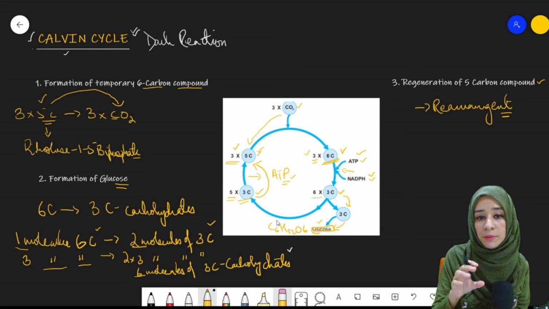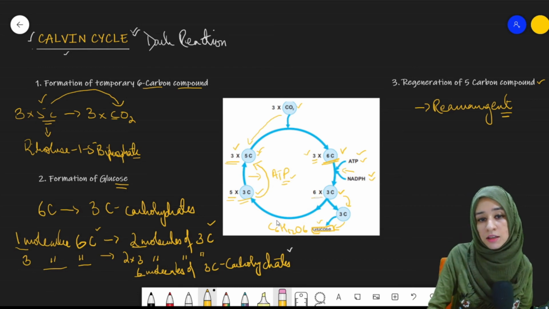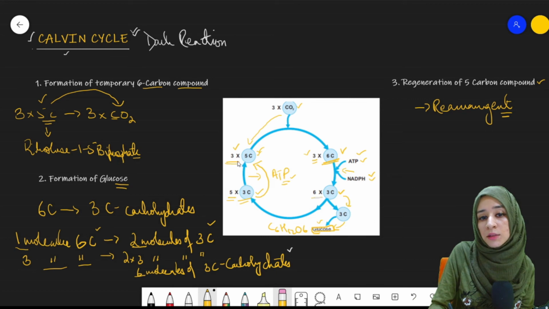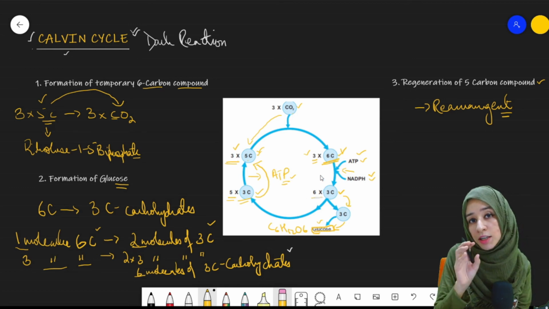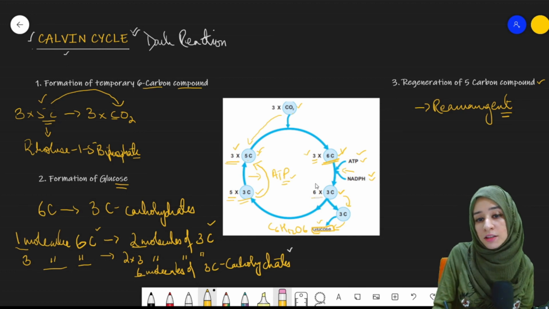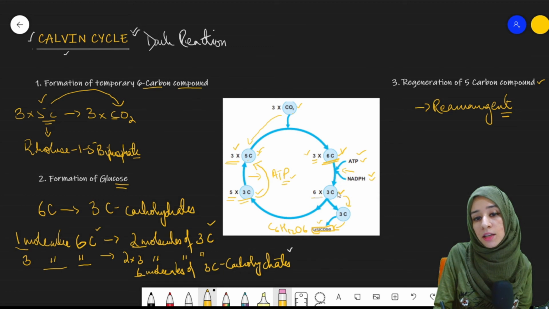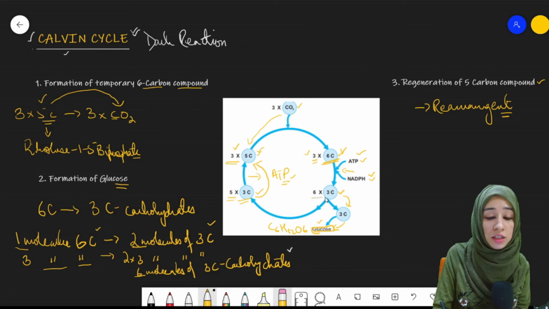So to summarize, there are 3 steps. In the first step, 3 molecules of 5-carbon compound react with 3 molecules of carbon dioxide and result in the formation of 3 molecules of 6-carbon compound, which are temporary. High energy molecules provide energy to this temporary 6-carbon compound. It then breaks down into 6 molecules of 3-carbon carbohydrates.